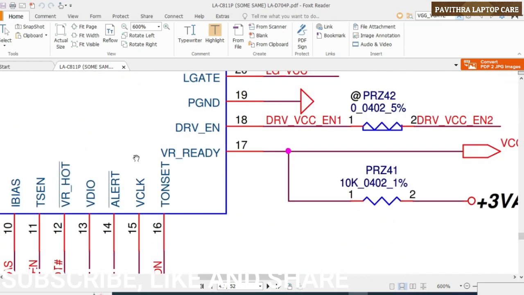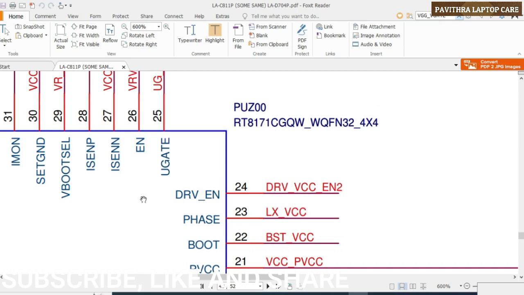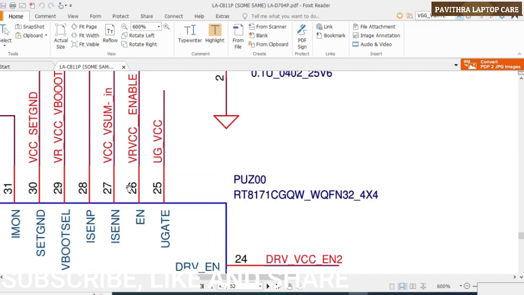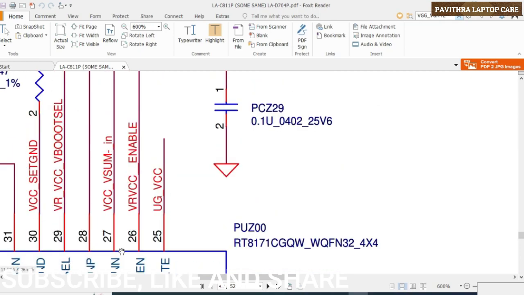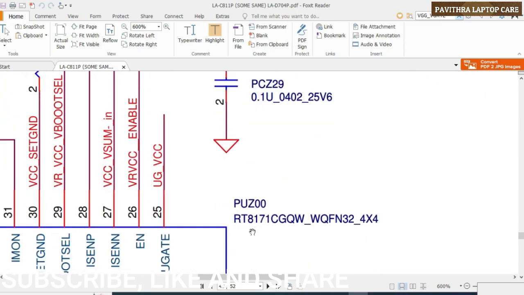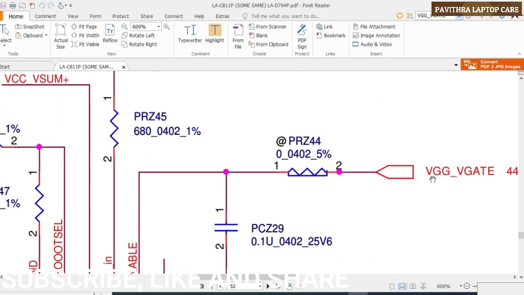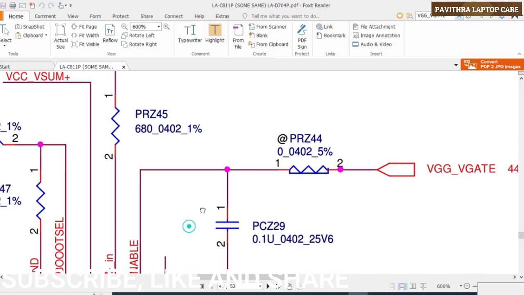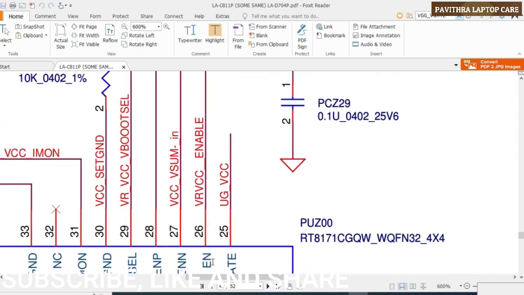After that, it gets all inputs. Then the next section is the enable section. Enable is coming from one more IC, the RT8171, the same one they used for the VGG gate. From there the enable signal is generated and comes to this input as the enable input. As I told you, it's not coming from IO or something else, it's coming from one more IC, the VGG core IC.